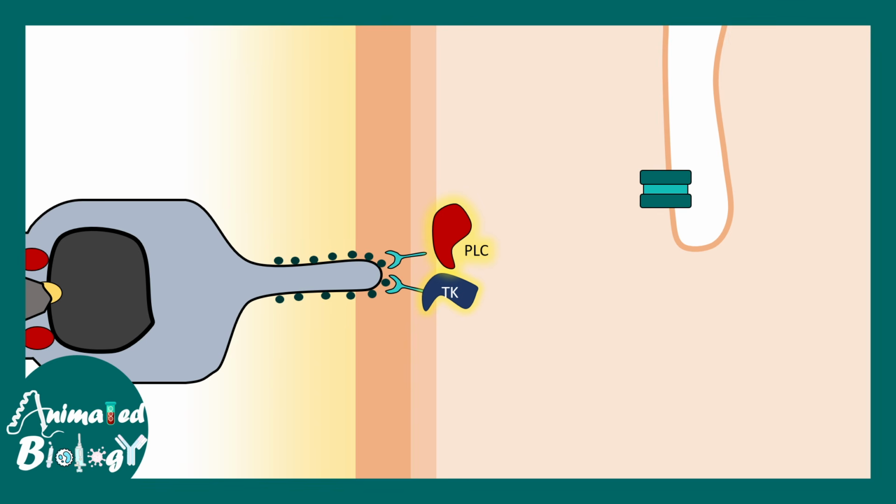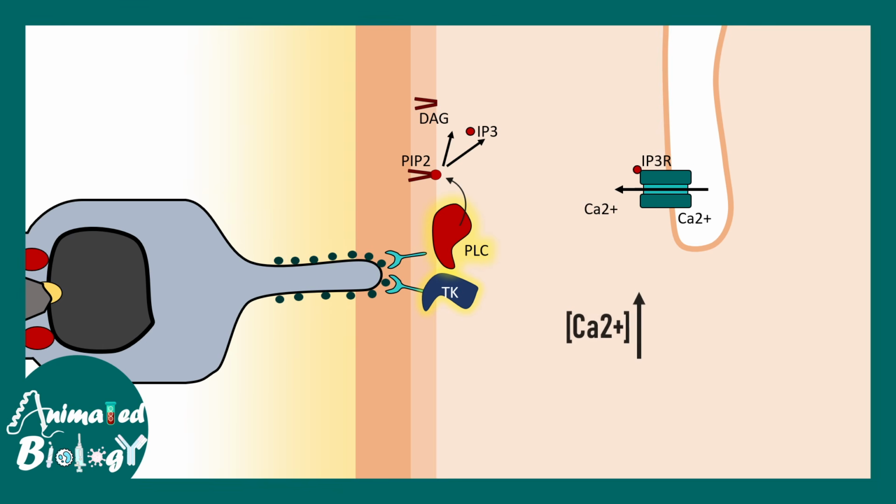Tyrosine kinase activates phospholipase C, which further cleaves PIP2 to IP3 and DAG. IP3 binds to the IP3 receptor on the endoplasmic reticulum of the egg and leads to calcium release and elevation of the calcium in the cytosol. So elevation of the calcium in the cytosol triggers the cortical granule fusion.